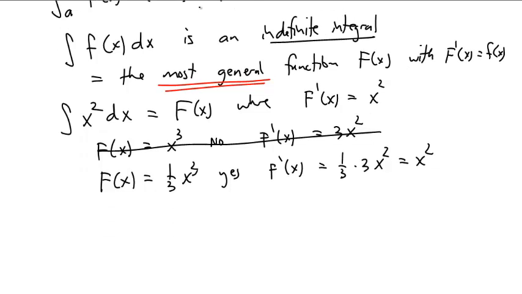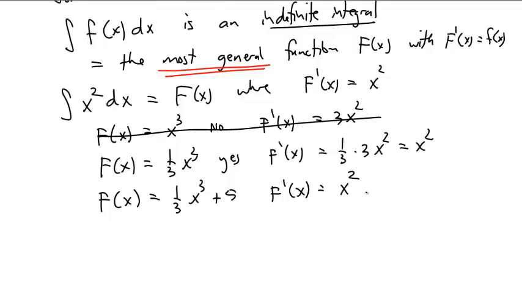We could have had F of x was 1/3 x cubed plus 5, because the derivative of that function is, again, x squared, because the derivative of 1/3 x cubed is x squared, and the derivative of 5 is 0.